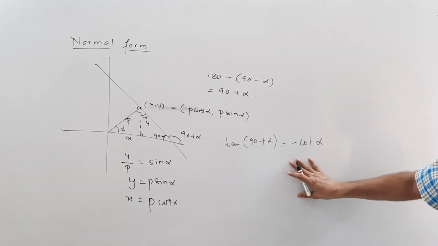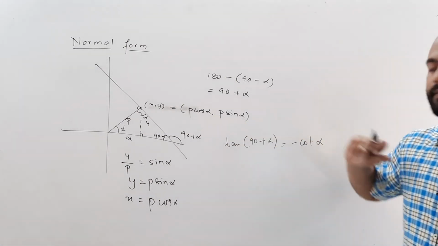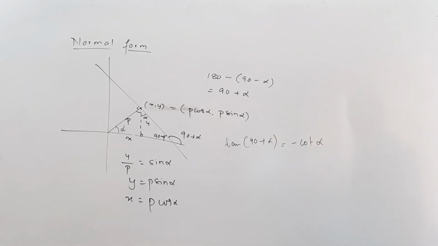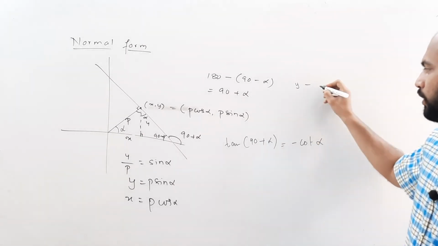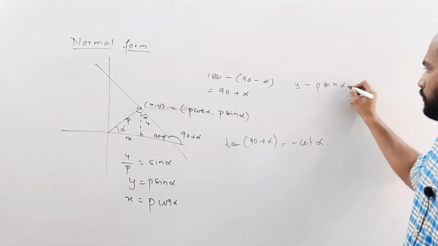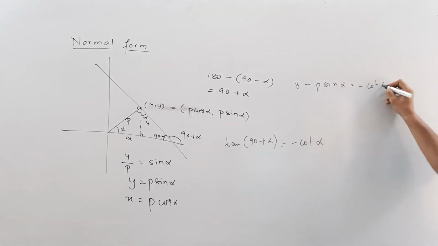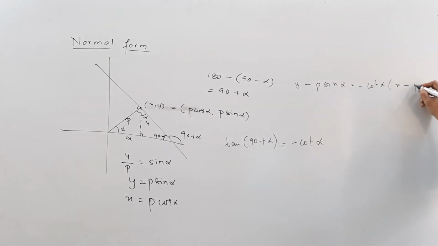Now once we have the slope and we have this point, we are in a position to write the equation of the line. So y minus y1, that is p sin alpha, is equal to minus cot alpha into x minus p cos alpha.